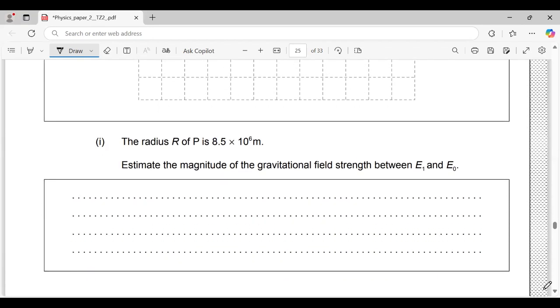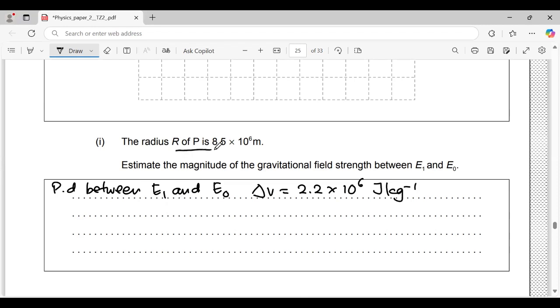Right. Given the potential difference between E1 and E0, delta phi is 2.2 times 10 to the power 6 joule per kg.